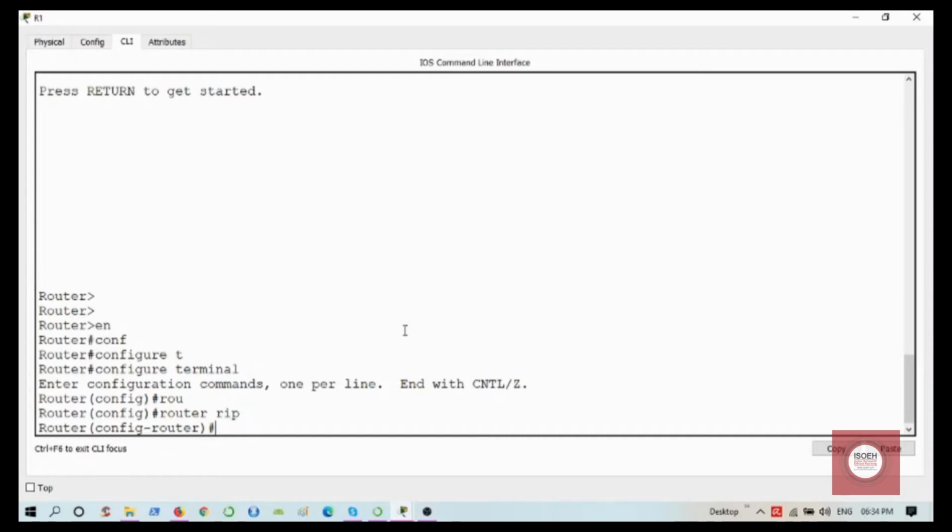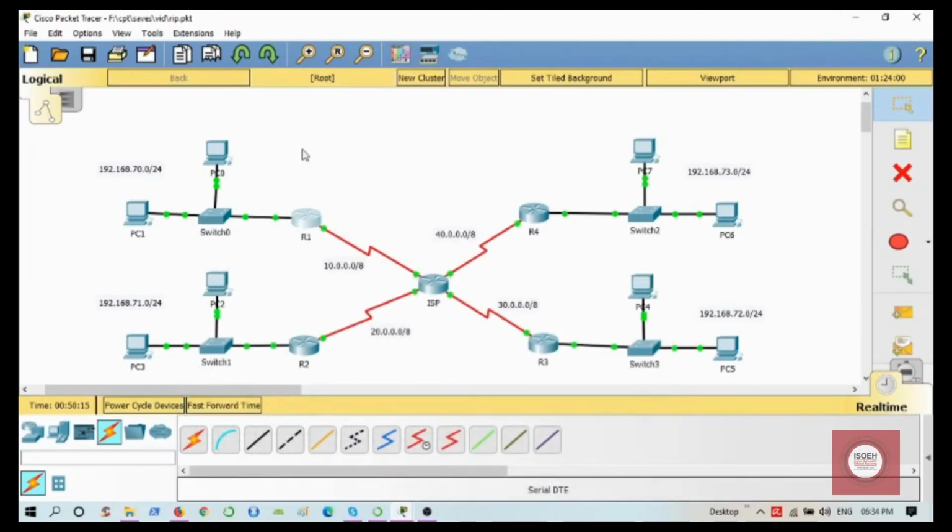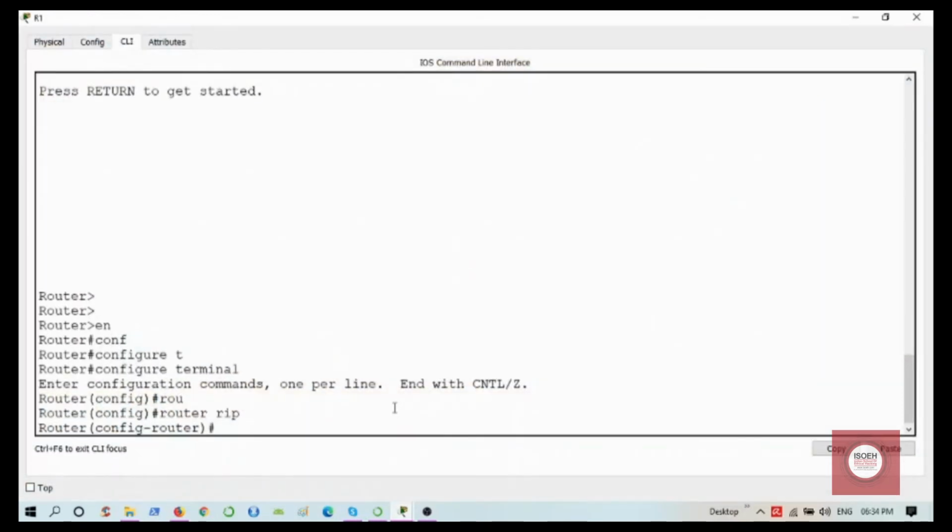So this router R1 is directly connected to two networks. One is this LAN given by this IP range, and one is this network given by this IP range. So I'm just going to provide those network IDs under RIP.